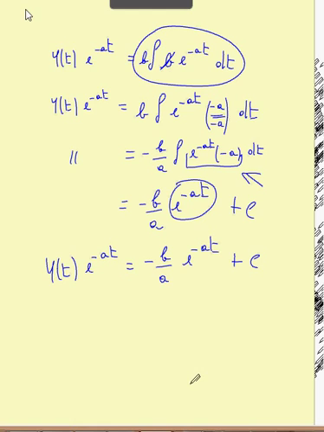So this solution can be also expressed as y of t equal to y star plus c e to the power of at, because minus b over a is the equilibrium of y, which we computed initially in the differential equation. Y star was minus b over a.